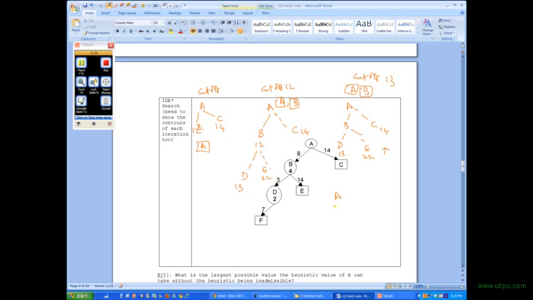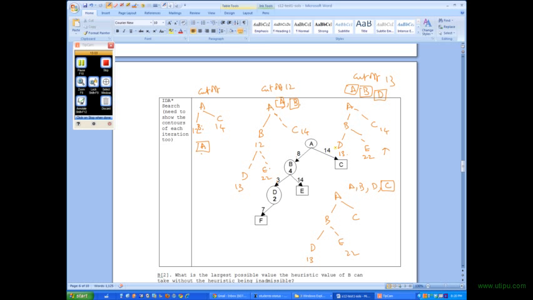So when you get cutoff 14, you will get A, B, D, C. Okay, in this case, once again, when you are expanding, B will bring in E with 22, and D will be anyway 13. But then you will expand A, then you expand B, then you expand D, then you expand C, and this time C is the goal node, so you stop. So the number of expansions are 1, 2, 3, 4, 5, and then of course D here, 6.